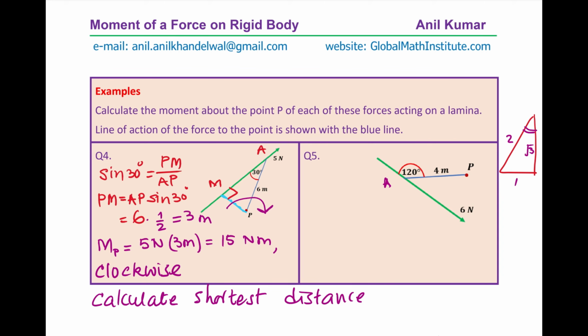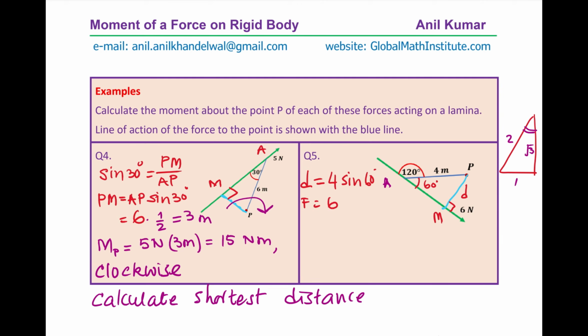So here, to find the shortest distance, let me just say that this is my shortest distance, correct? So in that case, what is this angle? Well, 120 is the total angle. So 180 minus 120 will give you 60 degrees, correct? So 60 degrees becomes that angle. Hypotenuse being 4 meters, the opposite side, let us say PM in this case, will be equal to 4 sine of 60. So the distance d is basically equal to 4 sine of 60 degrees.